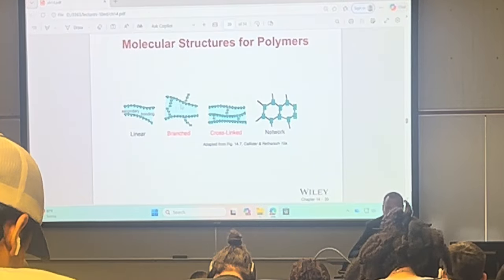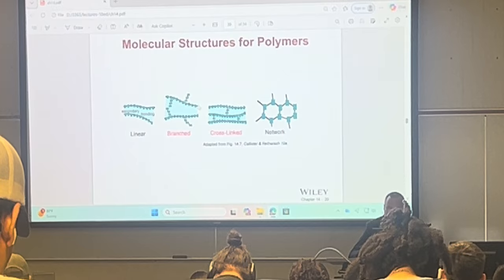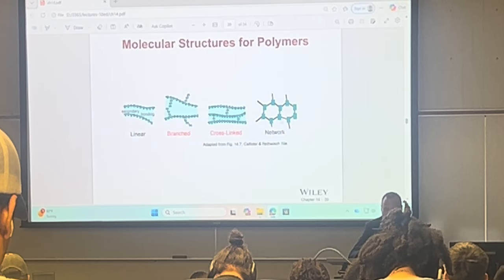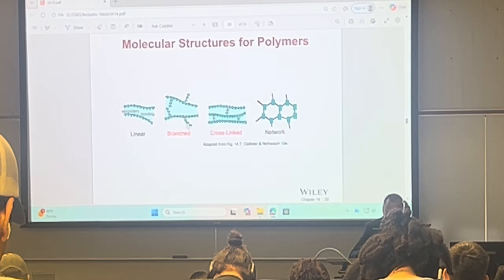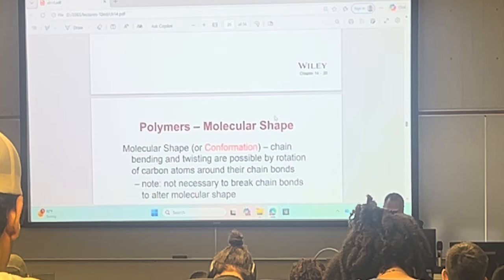And you never had this kind of spaghetti, right? But here you go. And then there's another process called cross-linking, where a short spaghetti will glue pieces of other spaghetti. Or it can form a network like this. So these are the different types of linear, branched, cross-linked, and network polymers.